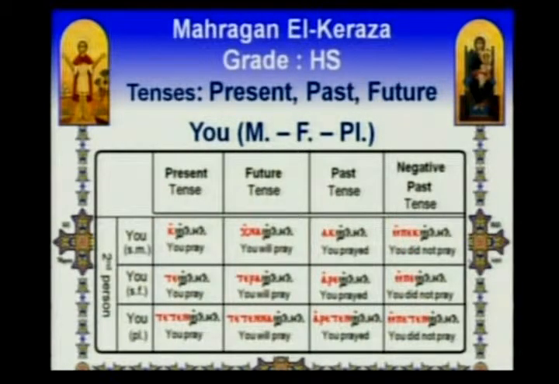In English, all of them are you. They don't change it. But in Coptic, we have different articles for each one of them. So for the you eshlil, if it is a boy, it is ek eshlil. For a girl, it is te eshlil. For a group of people, you pray, te ten eshlil.